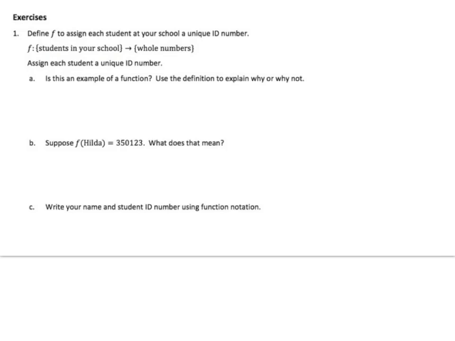So define f. We have a few exercises, sorry. We're going to go through them, and it's a lot like your homework. So define f to assign each student at your school a unique ID number. So our function notation would look something like the function such that the set of all students in your school goes to the set of all whole numbers. Assign each student a unique ID number.